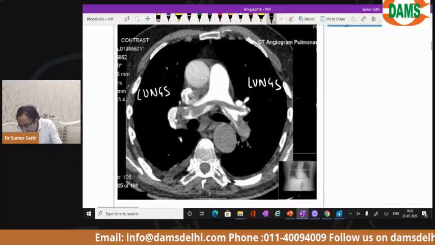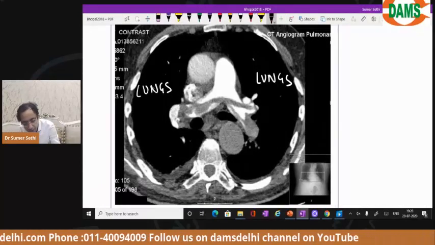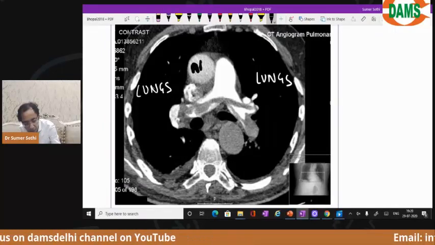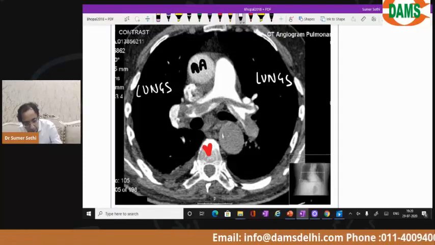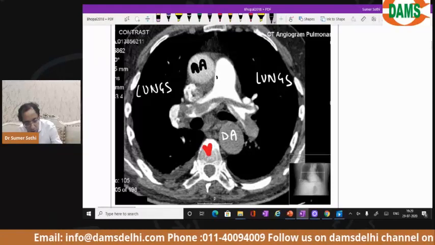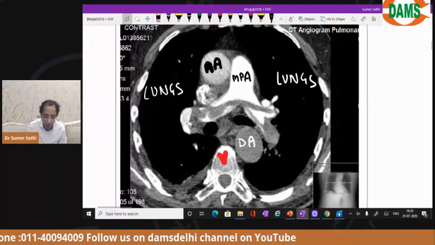So if these are your lungs, this is your ascending aorta, this is your vertebra, this is your descending aorta, this is your main pulmonary artery.